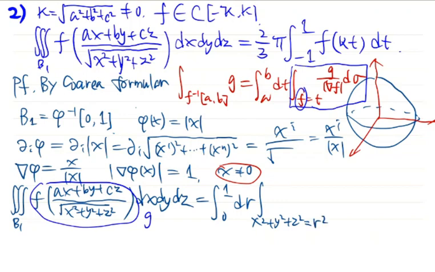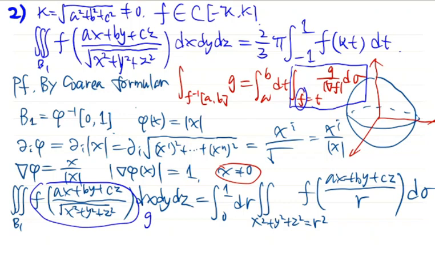That is, the norm of (x, y, z) is r. Okay, the sphere of radius r, and the integrand is f of (ax plus by plus cz) over the square root of x squared plus y squared plus z squared, which on this sphere is r. So this is the application of the Euler formula. We arrive at this place.